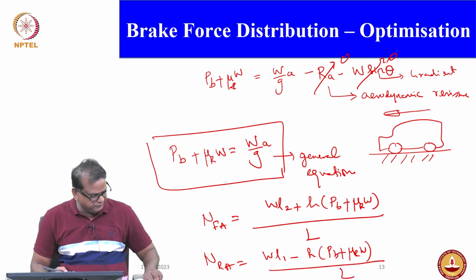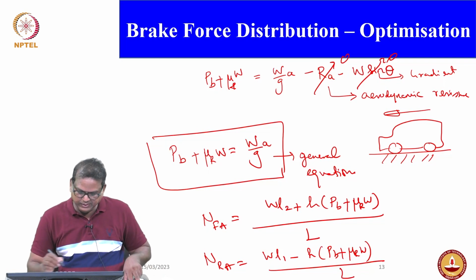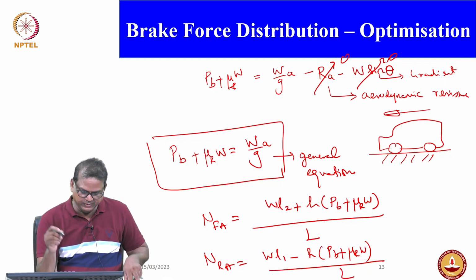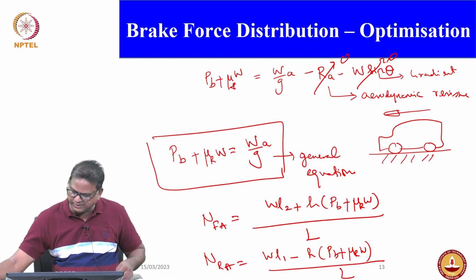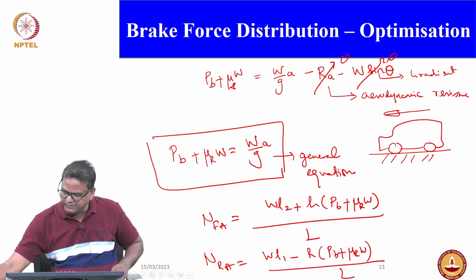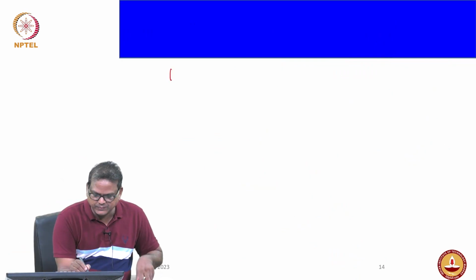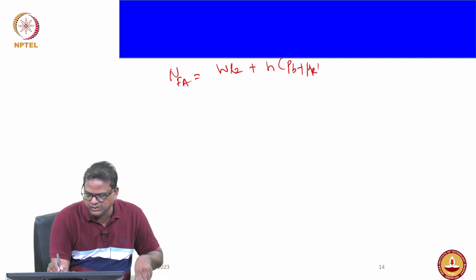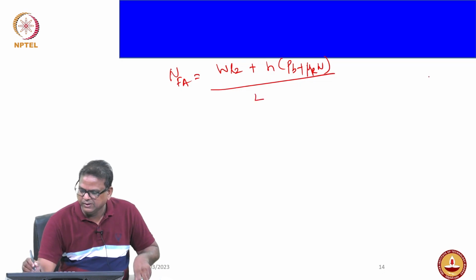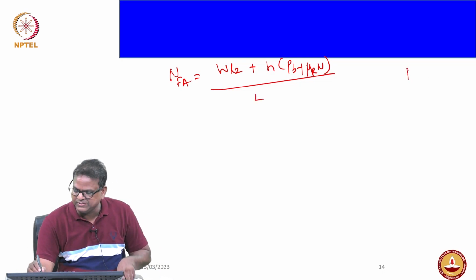Now we need to get this because, as I said, we want everything, the NFA and NRA, with respect to the deceleration aspect. For that, your NFA is WL2 plus, rewriting, H (PB + mu r W) by L. We know that. But we know from the general equation, what is the general equation?